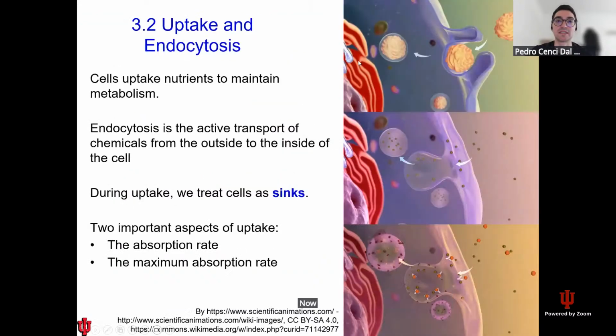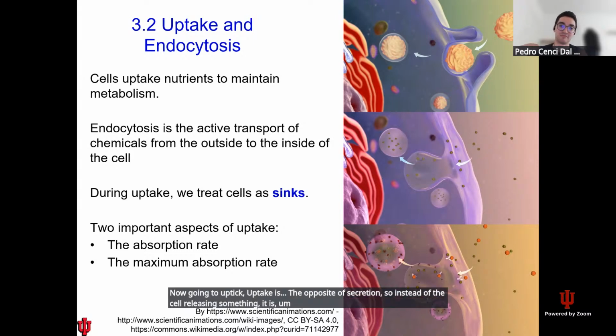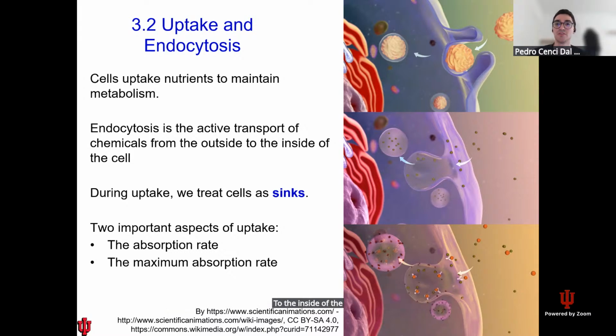Now going to uptake. Uptake is the opposite of secretion. So instead of the cell releasing something, it is eating something up, bringing something from the external medium to the inside of the cell, usually via vesicle mediated transport, which we call endocytosis.